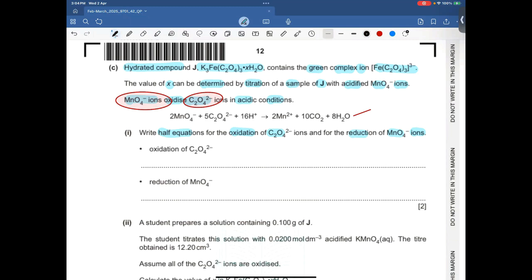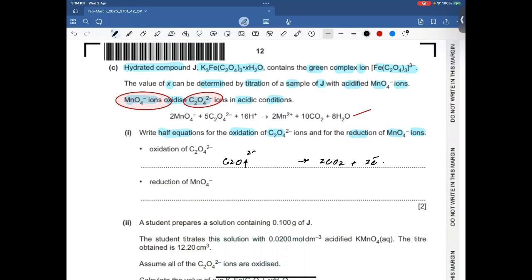So let's make C2O4 2 minus. It is converting into carbon dioxide. How would I know? Because it's given in this equation that C2O4 is converting into carbon dioxide. Now, first of all, balance the number of carbon atoms. So we put 2 here. We have 4 oxygen atoms here, 4 oxygen atoms here. We have 2 minus charge here. So to balance the charge, I will use 2 electrons here.